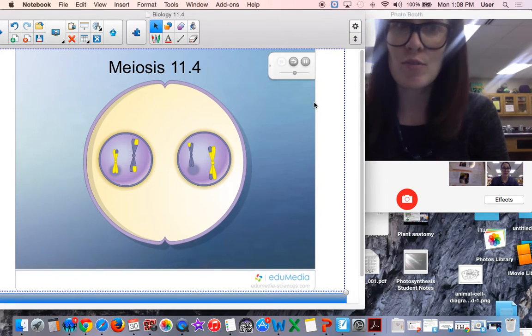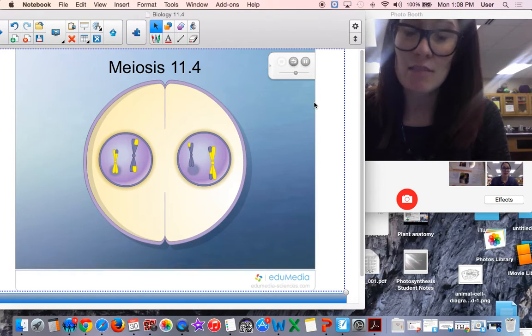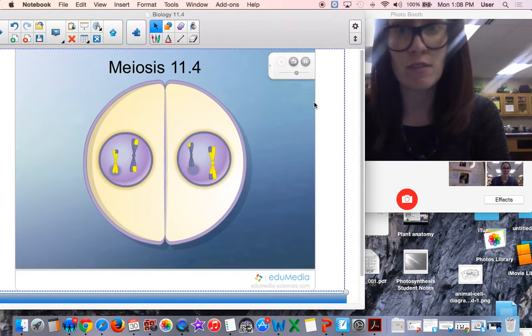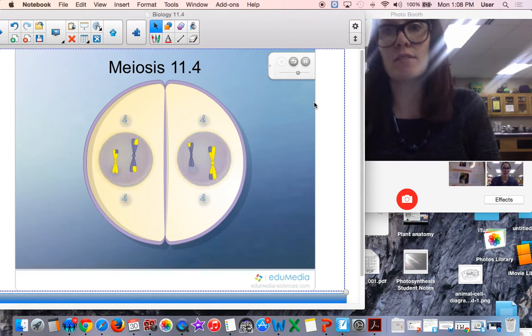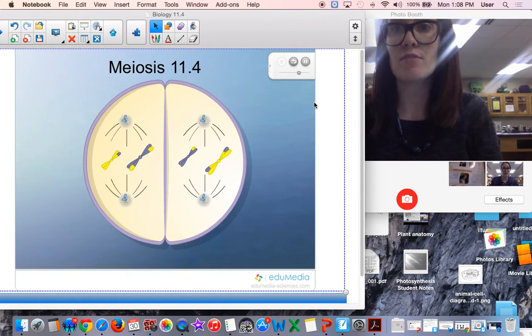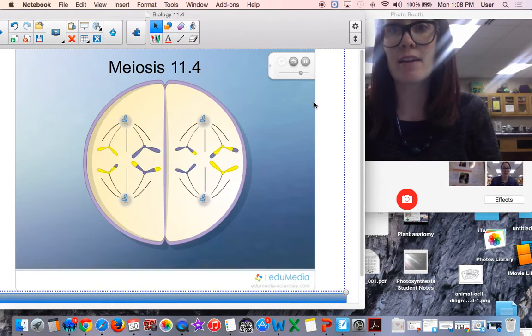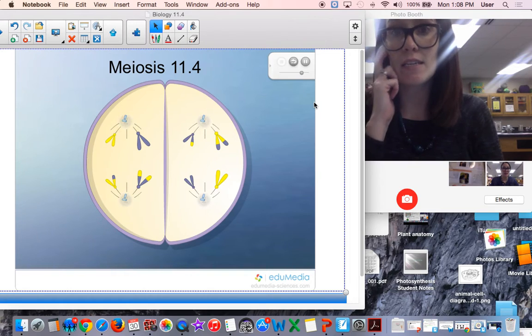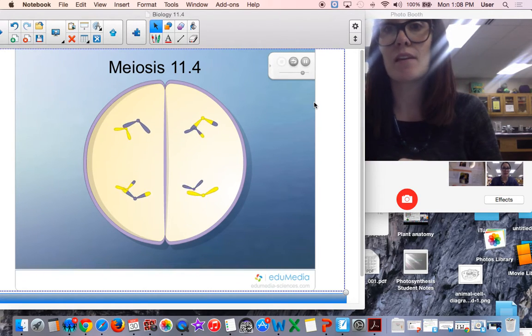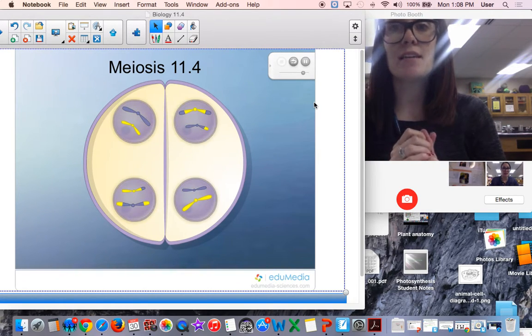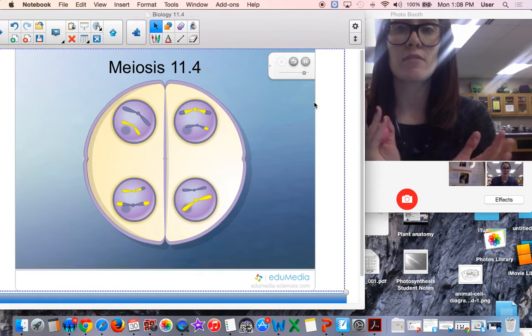And meiosis 2 is pretty much exactly like mitosis. So here's the end of meiosis 1 again. We have two cells. Here's the start of meiosis 2. We see prophase. Here's metaphase, and then we see anaphase, and then we see telophase here. At the end, okay, here's cytokinesis, division of the cytoplasm.